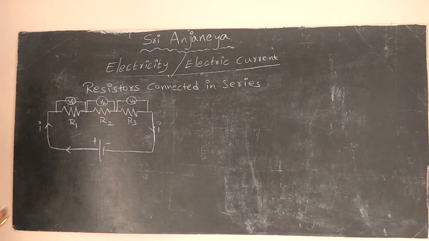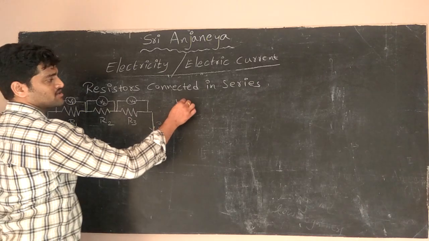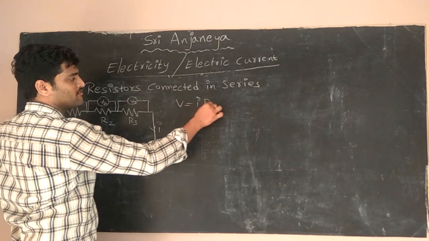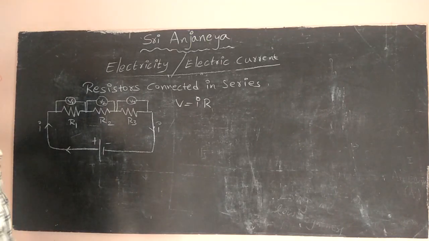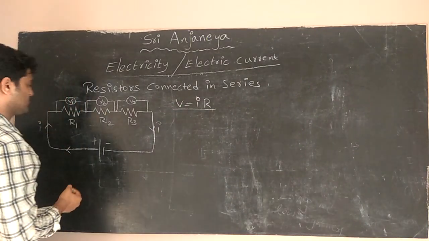Let us see. From Ohm's law, we can say that V is equal to IR. This is the general formula.